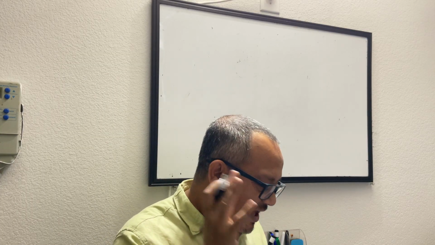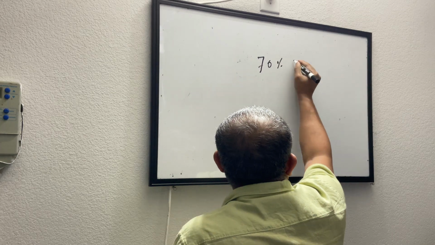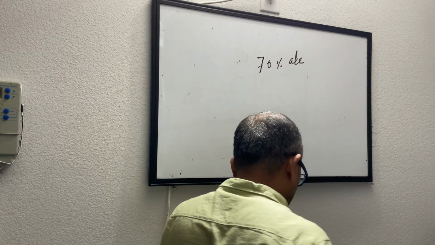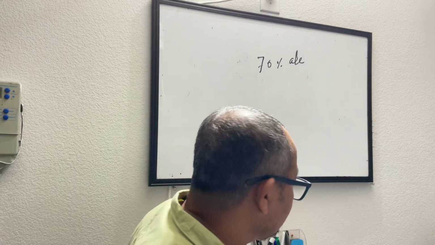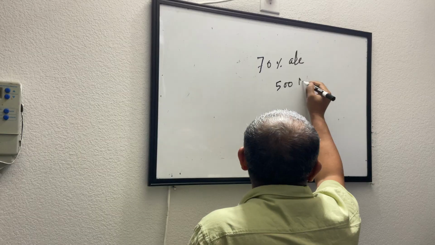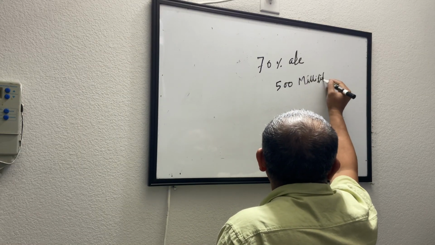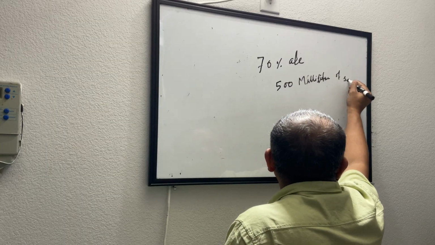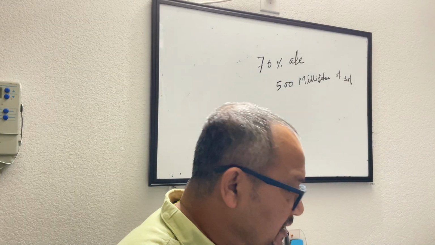Somebody called Darius buys a bottle of chemical solution that contains 70% alcohol. The bottle contains 500 milliliters of solution. How many milliliters of alcohol are in the solution?